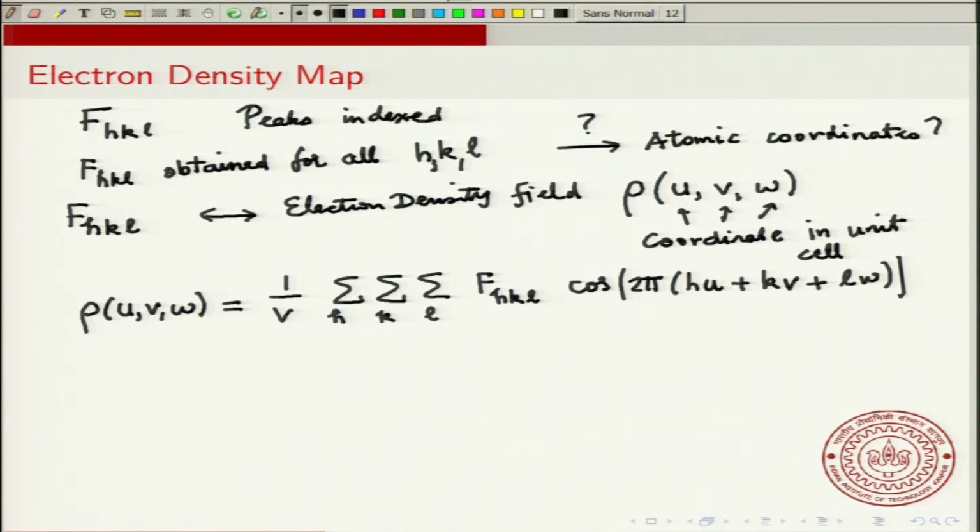So, this is like the delta, but the phase difference delta was only used for the location of the atoms, only for the position of the atoms, but this is at an arbitrary point within the unit cell. So, u v w is an arbitrary point within the unit cell, and this is actually what is called a Fourier transform, in fact, the cosine part of the Fourier transform. I will just write this, it is the cosine part of the Fourier transform.